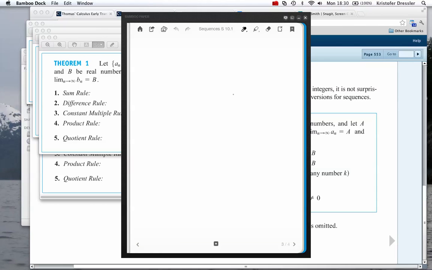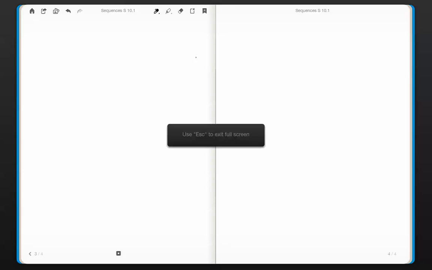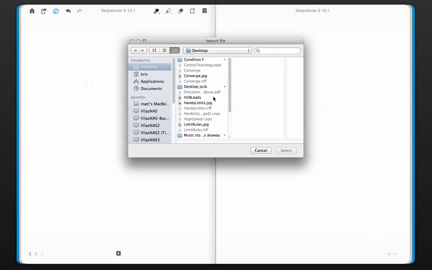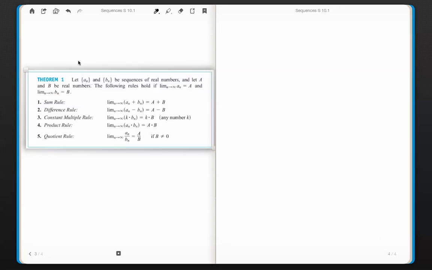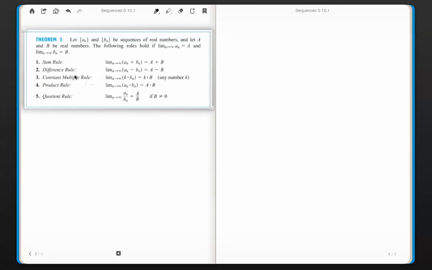Okay, so here I'm back. What we're looking for is the limit rules. So this is theorem 1. It's on page 553 in your book.